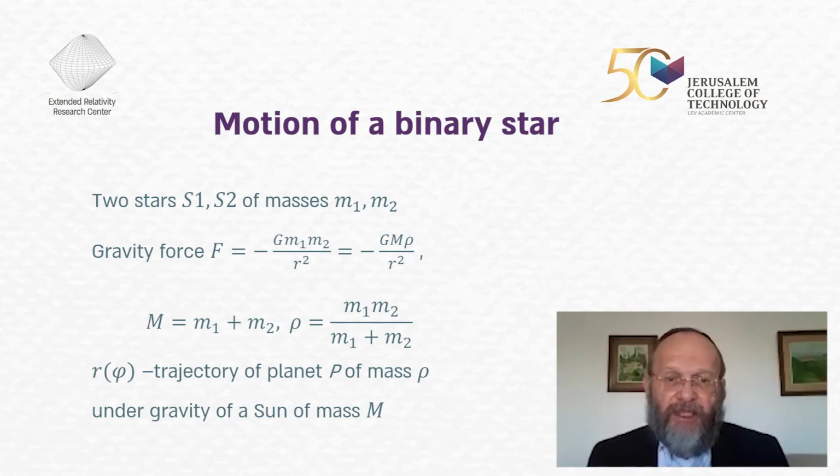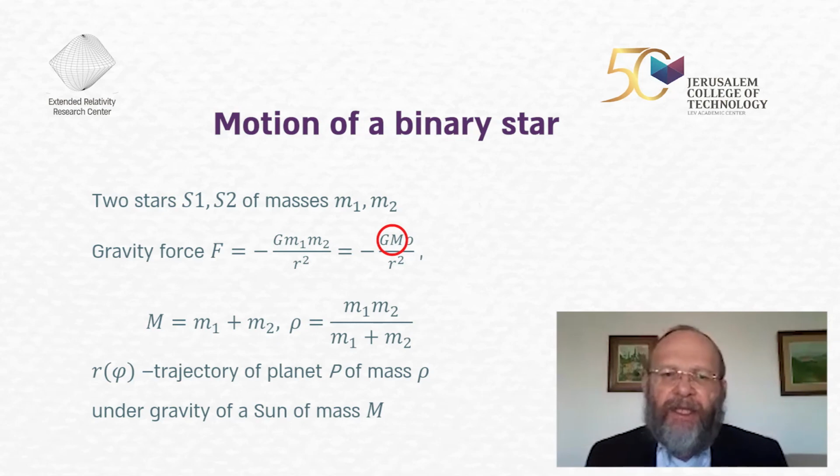But this expression can be rewritten in the form G capital M rho over r squared, where M is this expression. M times rho gives you m1 m2, because m1 plus m2 cancels. So the two formulas are the same.